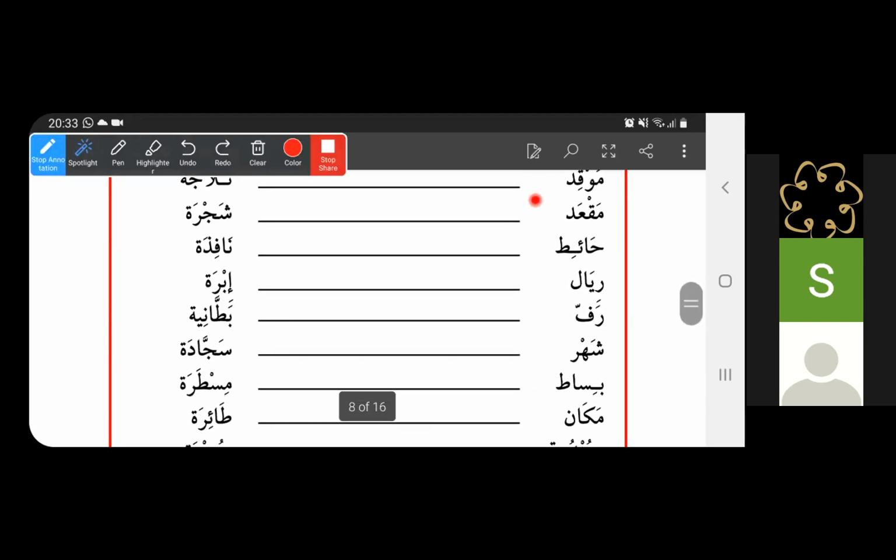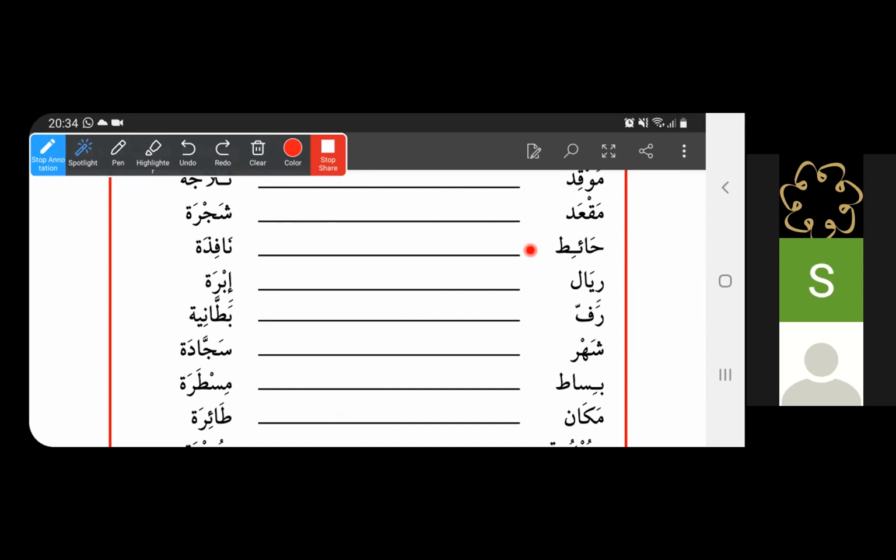I'm just writing it down. Stove. Okay. حائط. I don't know what حائط is. مقعد. ما هي مقعد؟ نعم, مقعد. It's a bench or the seat. نعم. حائط.